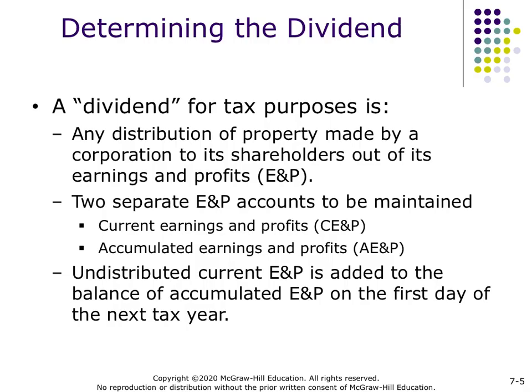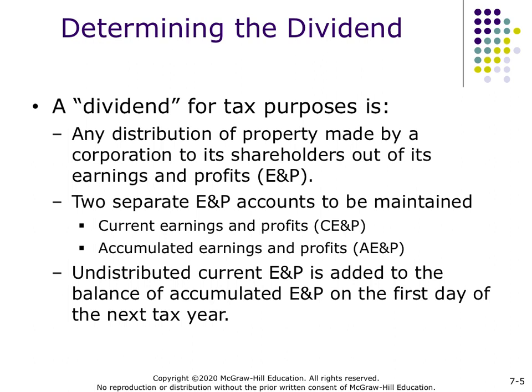So how are things determined to be a dividend? Well, in the past, we've paid dividends, and you know that dividends reduce retained earnings and they don't impact net income. And we have all this information about dividends, but we've never really thought about what is treated like a dividend for tax purposes. And so that's one of the key topics that we hope to get out of this chapter.